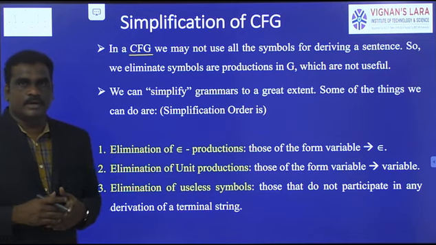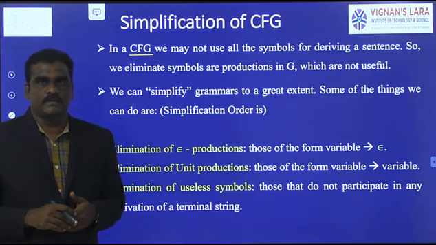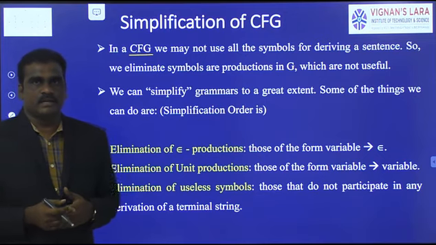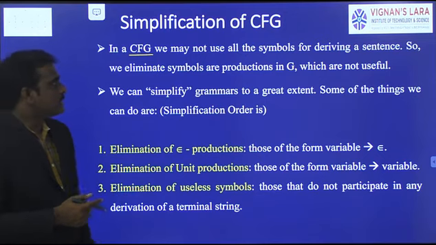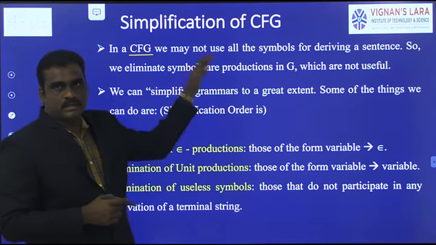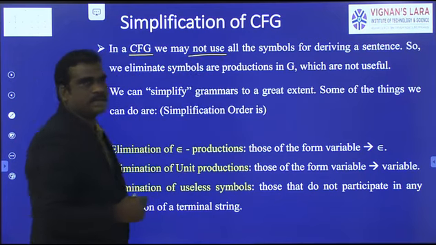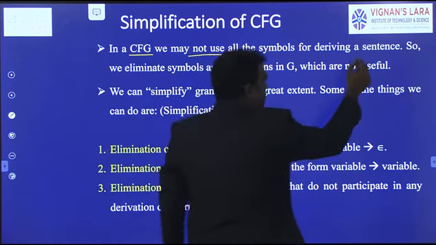In a grammar we use only 2 types of symbols: one is variables or non-terminals, and the second is terminal symbols. In those symbols, we may not use all the symbols for deriving a sentence.